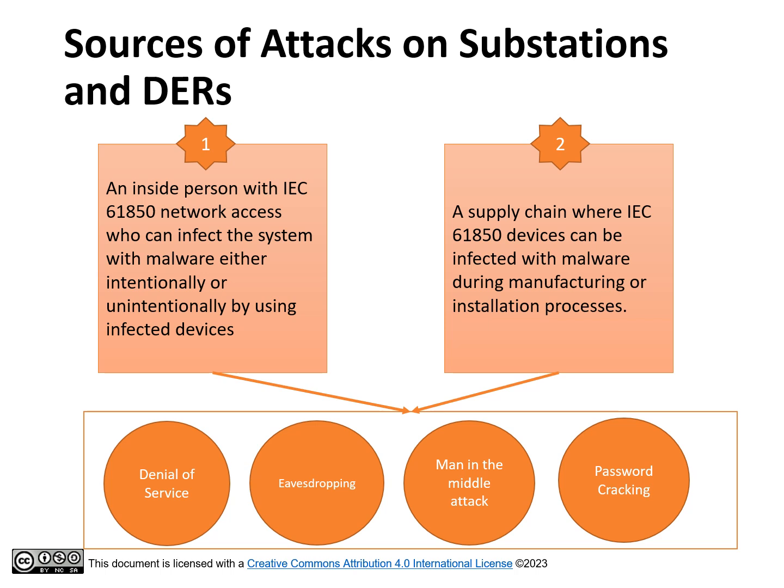It can also originate from a supply chain where IEDs can be infected with malware during the manufacturing or installation process. The IEC 61850 protocols can be impacted by denial of service, eavesdropping, and man-in-the-middle attacks. IEDs can be impacted by password cracking attacks to gain access to configuration and control interfaces.